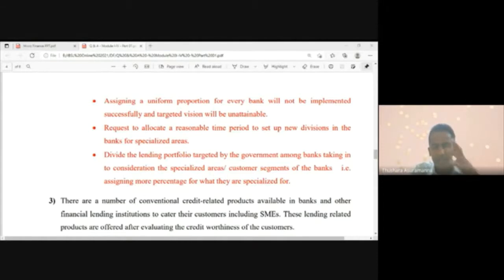This could be the 8 areas, but you can add maybe another 1 or 2 depending on the past papers and the rest of the questions that we are planning to do.